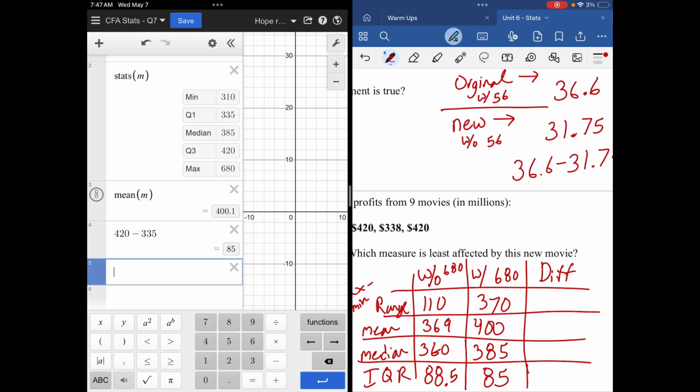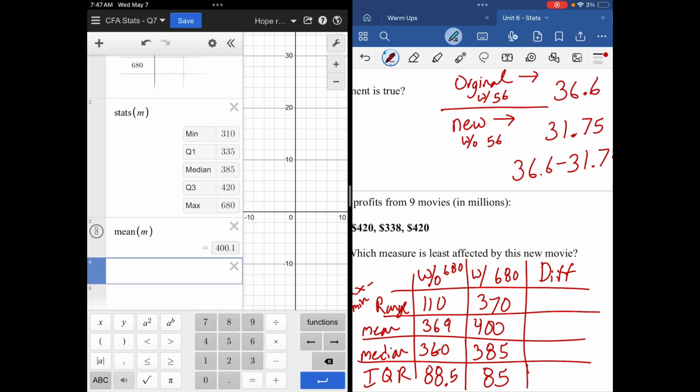So now, this is the part that's a little bit more involved, but it's still not hard. We just have to find the difference between all of those numbers. So really, we just have to subtract them from each other. So 110 minus 370, and we get negative 260. And right here, we really don't care if it's positive or negative. We just care what the number is and how far away they are from each other.